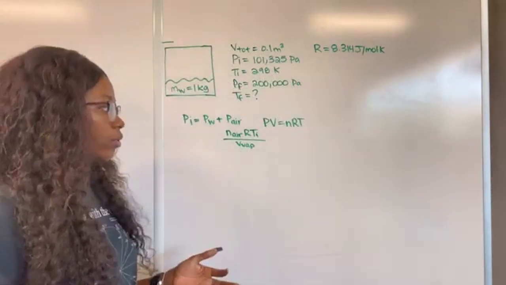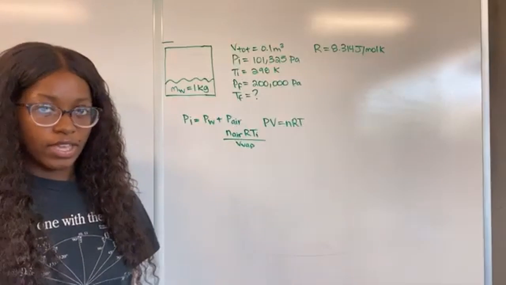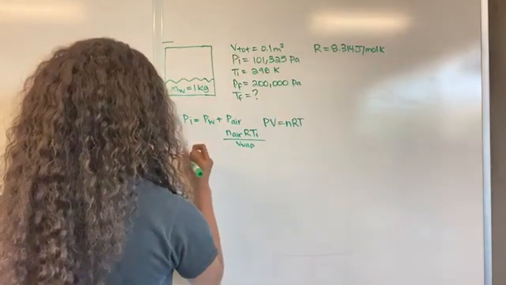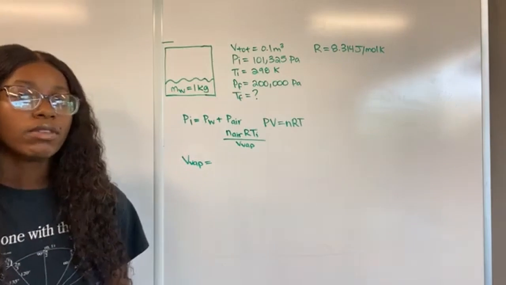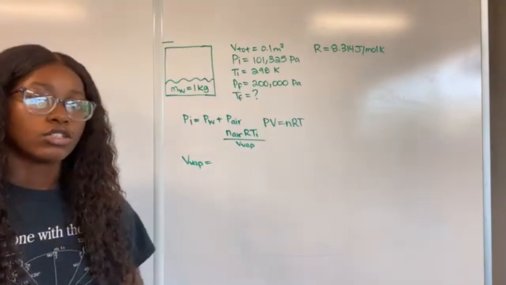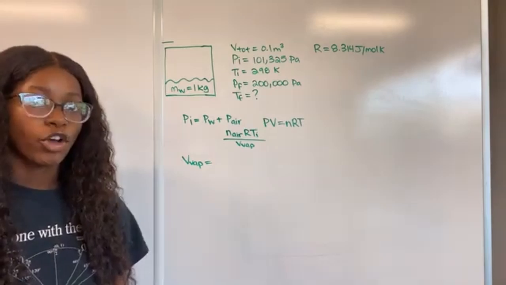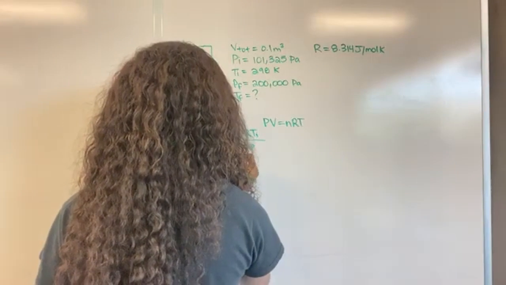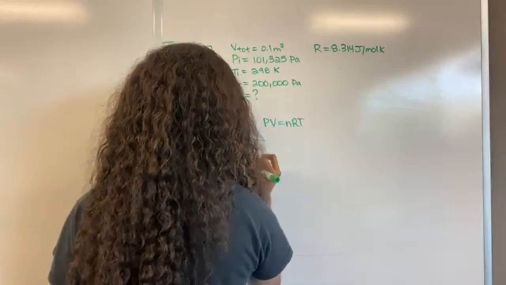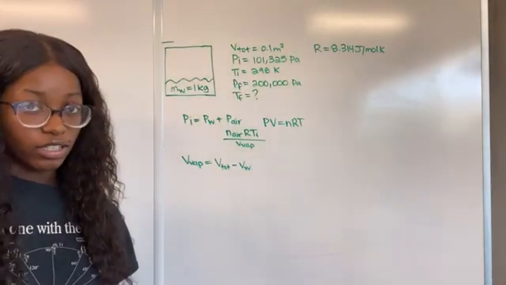So now we have to calculate the volume of the vapor phase. The volume of the vapor phase is equal to the total volume of the container minus the volume of liquid water. But we don't know the volume of liquid water.